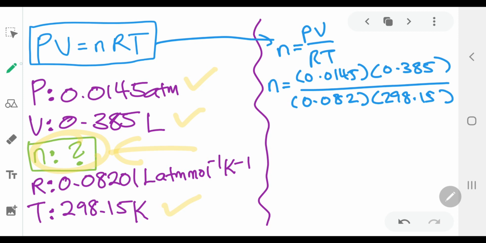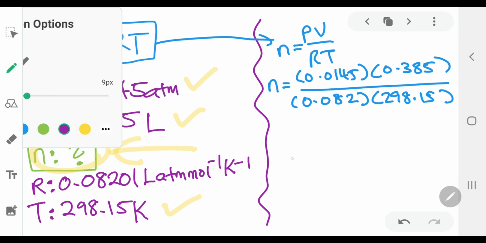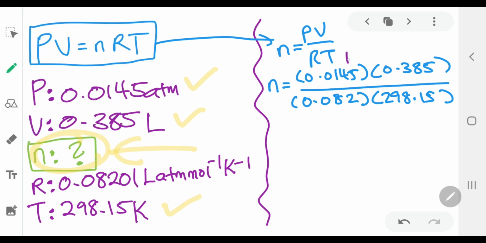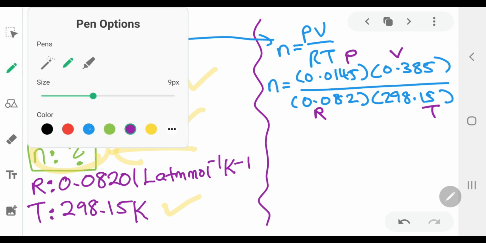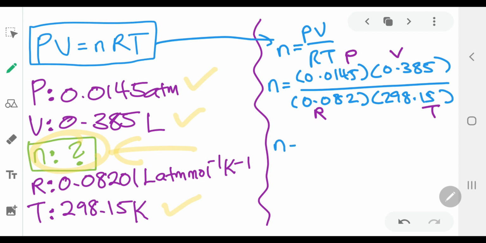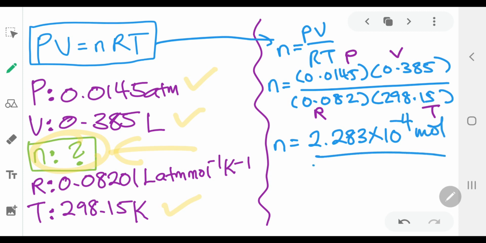Okay, so just remember that is your pressure, this is your volume, that is the value of R, and that is your temperature. And what you get, you're going to get somewhere around 2.283 times 10 to the power of negative 4 mole. Okay, so that is the number of mole that you have got.